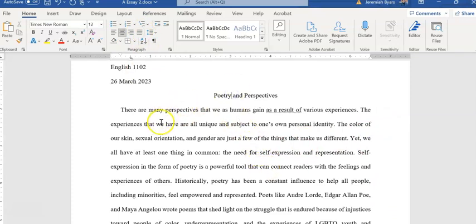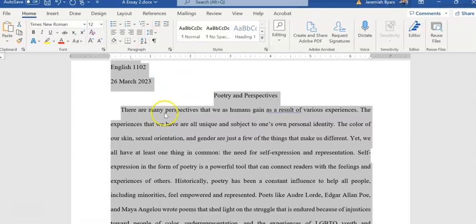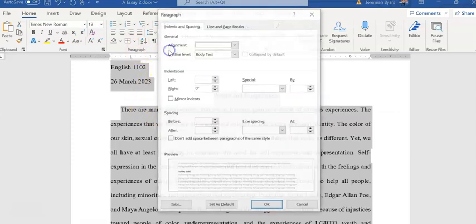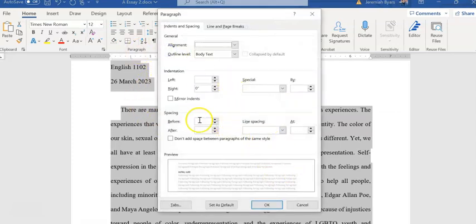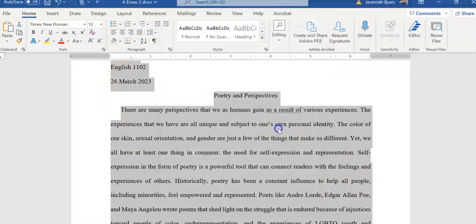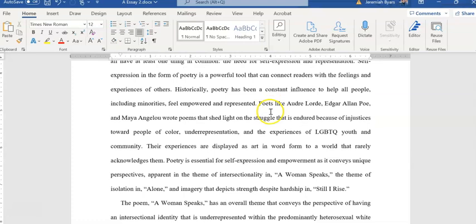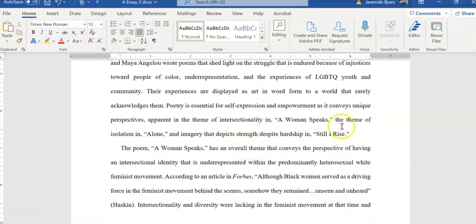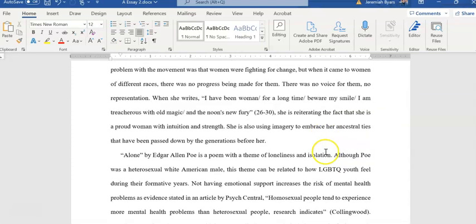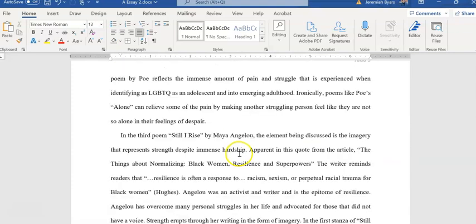If I select all and go to paragraph, there's somewhere some misformatting, but let's see, paragraphs, there's no additional spaces between paragraphs. Those are the same.